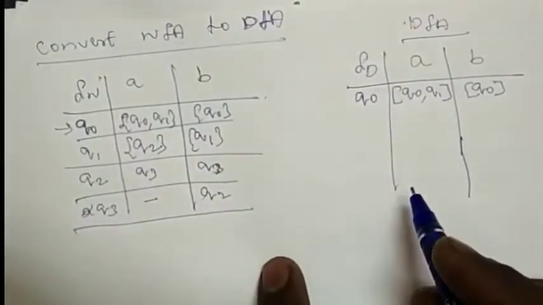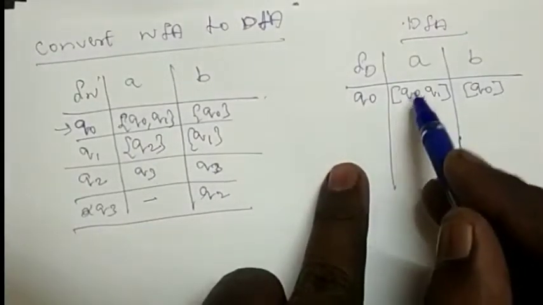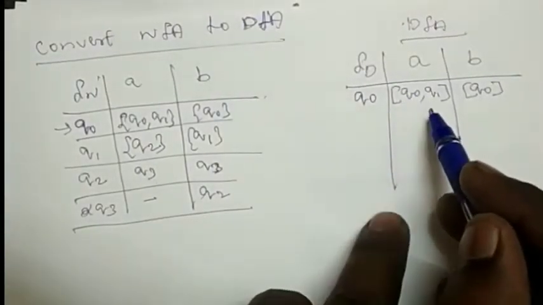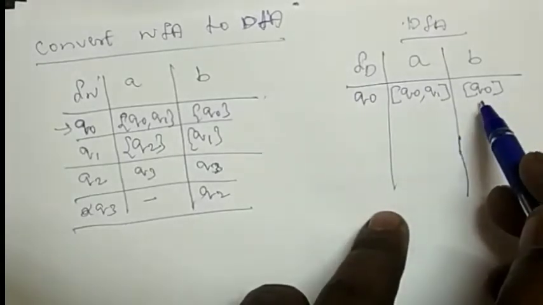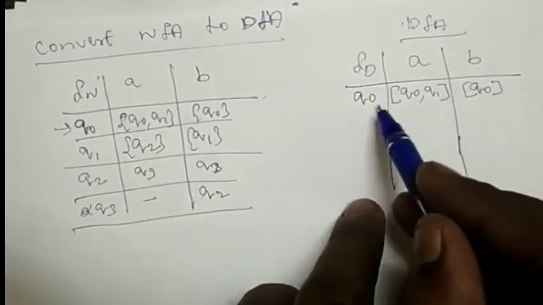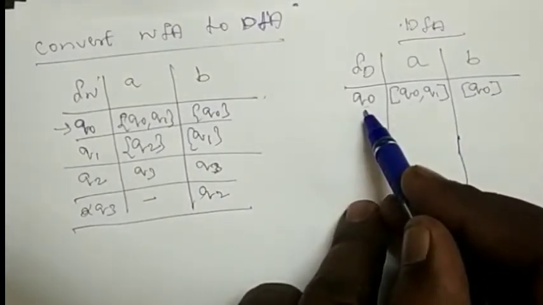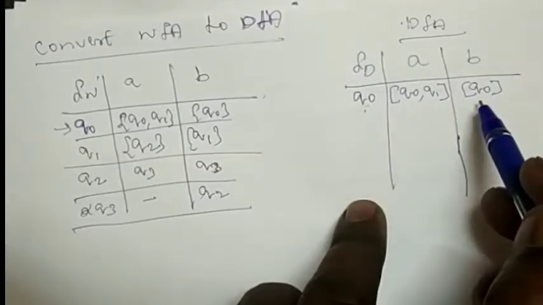Now you have got a new state. When you apply A you get Q0 and Q1, and when you apply B you get Q0. But Q0 already has an entry in the DFA table, which means Q0 already exists, so that is not considered a new state.